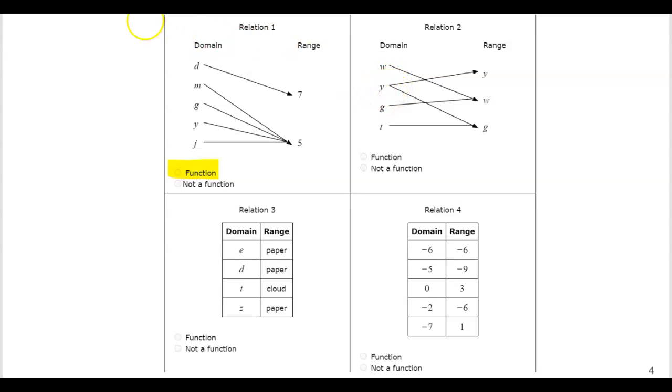I see that my y goes to two different outputs, so my y repeats. So this is not a function. Do my inputs repeat here? No, so it is a function. Do my inputs repeat here? No, so it is a function.